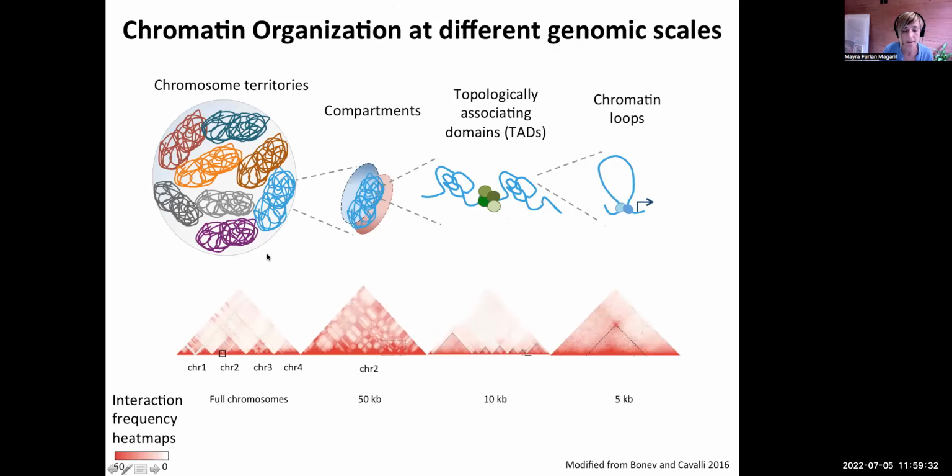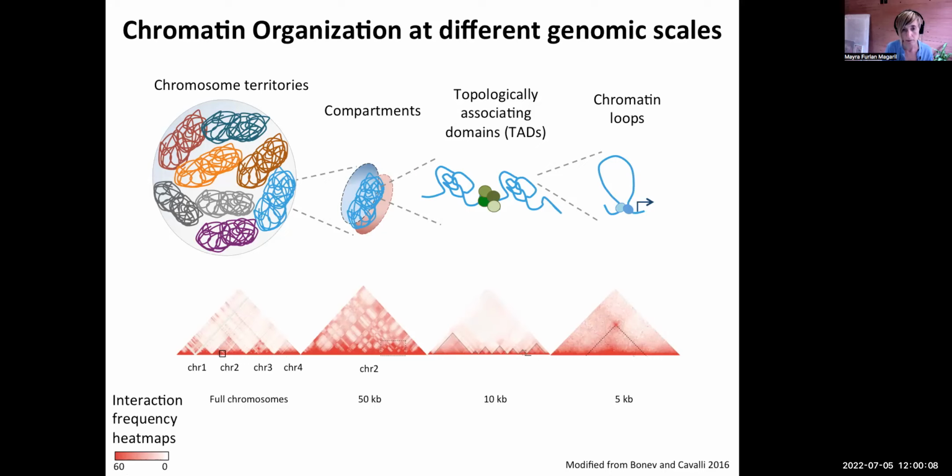So when we talk about the different scales of genome organization, what we mean, and of course you might be well aware of this as well, is that the genome is not randomly organized inside the nuclei, but chromosomes occupy territories, and in the subchromosomic scale, chromatin is organized in compartments, which correspond mainly to euchromatic and heterochromatic regions of the genome.